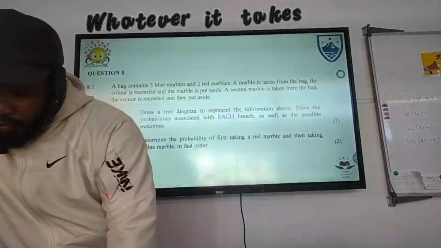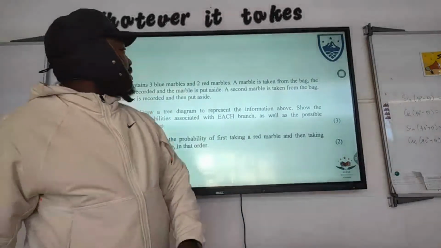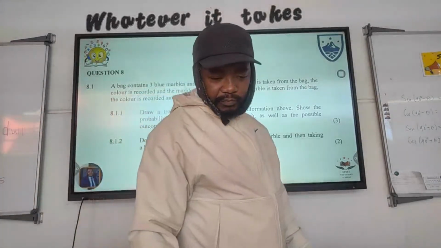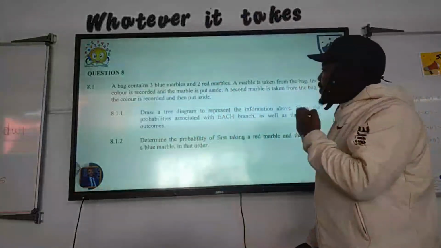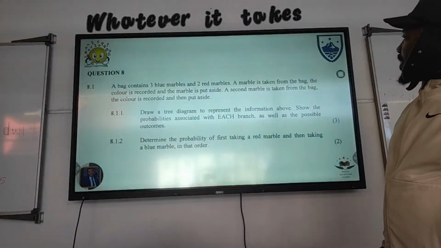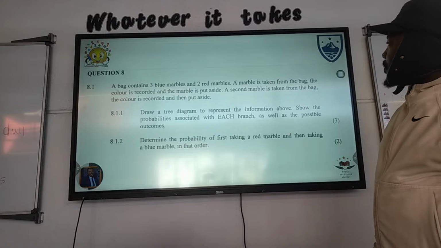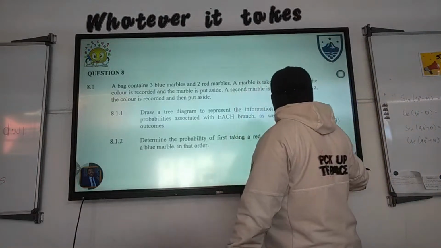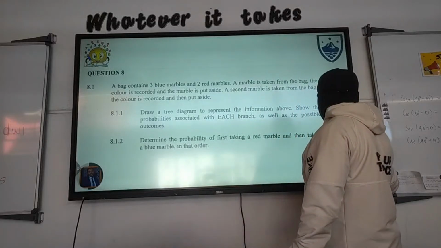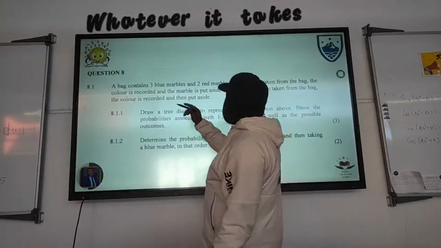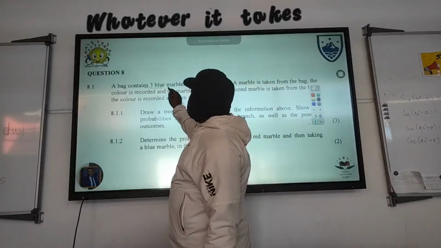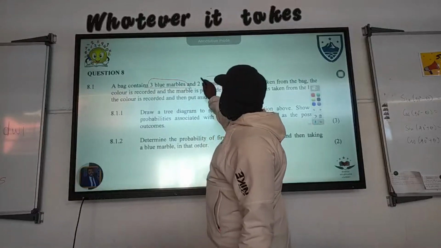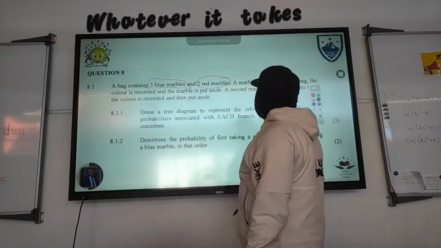All right, grade 12. We continue where we left off yesterday with our tree diagrams. This one is a grade 11 tree diagram where we are given two sets of balls. We have three blue marbles and two red ones.